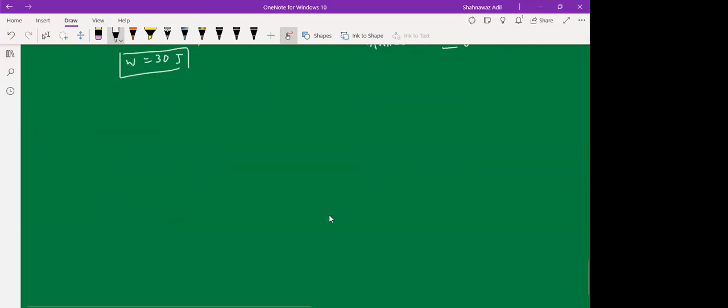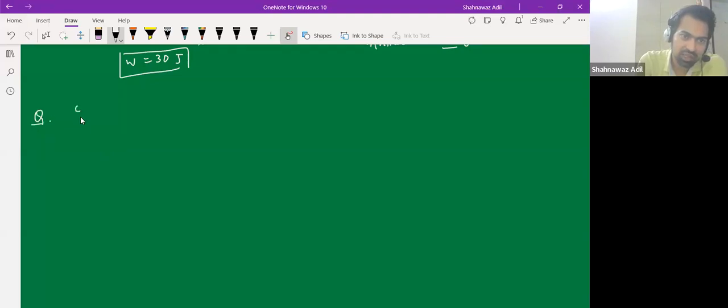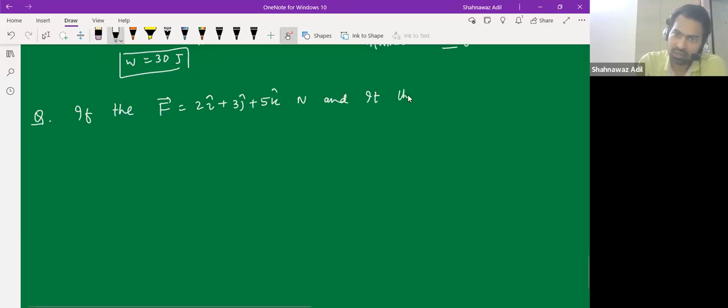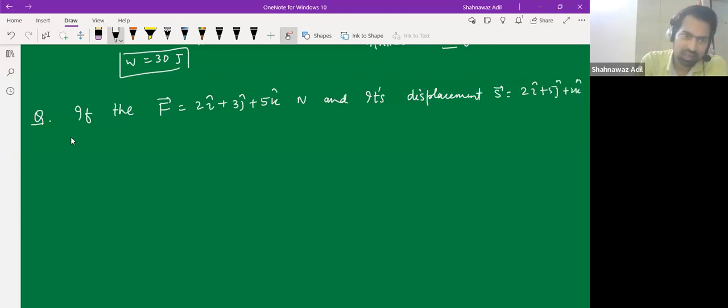So now the next kind of question would be like this: if the force is, let's say, 2i plus 3j plus 5k Newton, and its displacement S is 2i plus 5j plus 2k, then find the work done on the object.